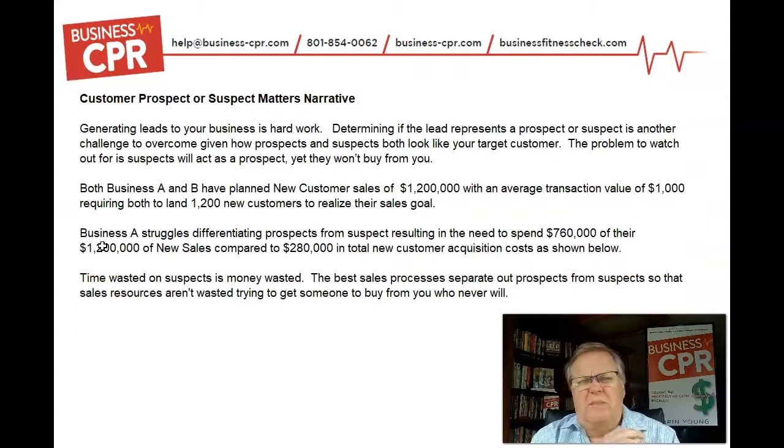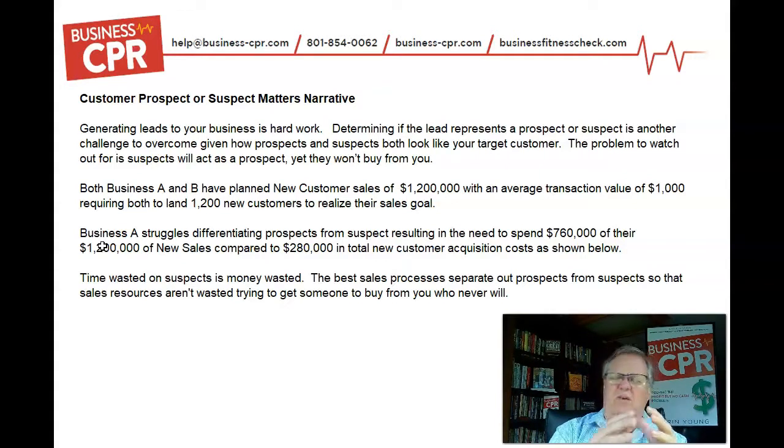So let's look at this from a narrative standpoint. We have business A and business B. Both have the exact same sales goal. Both need the exact same number of new customers because their average transaction value is the same. What's different is business A has no sales process in place.